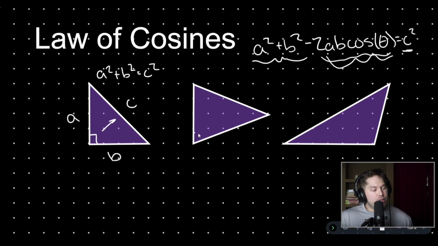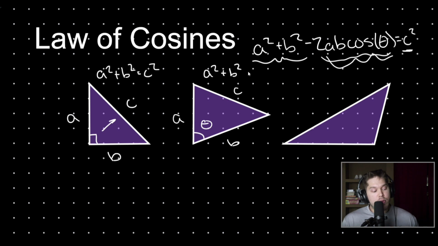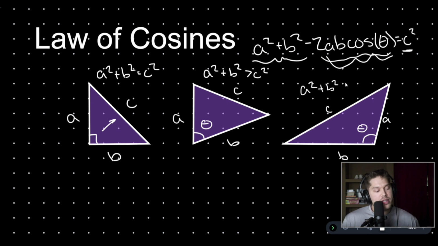With acute triangles, what do we have? We have some a, some b, and some c. For acute triangles, a squared plus b squared must be greater than c squared. And for obtuse triangles, we know that a squared plus b squared must be less than c squared.